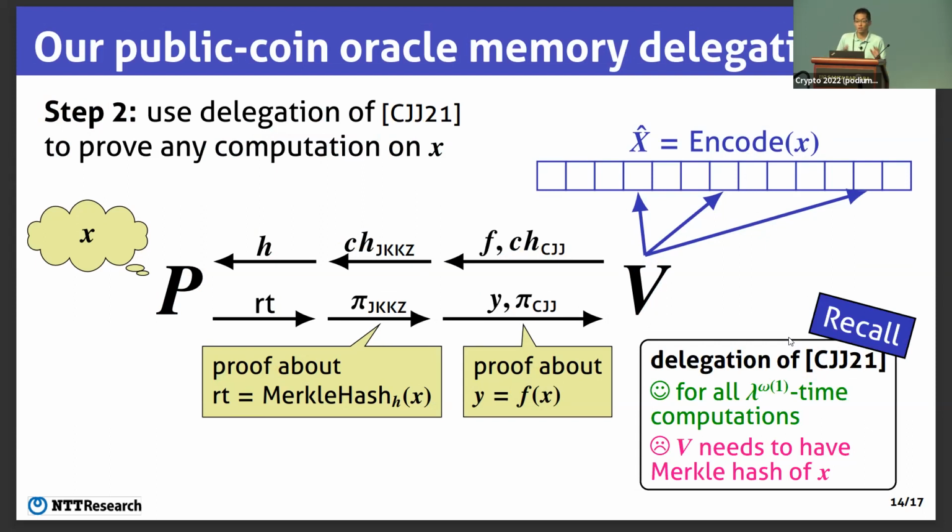Recall that the CJJ delegation scheme works for all slightly superpolynomial computation. So indeed, in our scheme, the prover can use it to prove any arbitrary computation on the memory. And also, even though the CJJ delegation scheme requires that the verifier has the macro hash of the memory, we can still use it in our scheme, since the verifier obtains the macro hash of the memory from the prover.